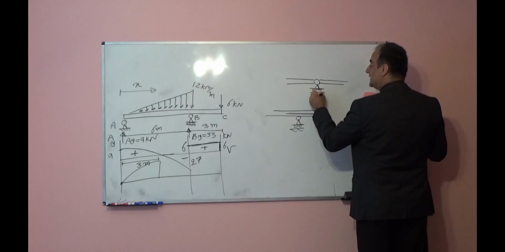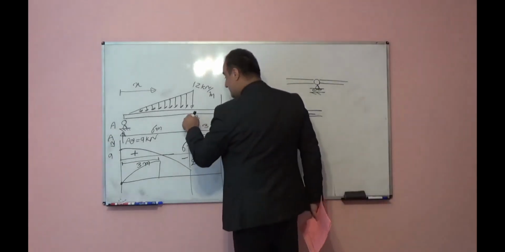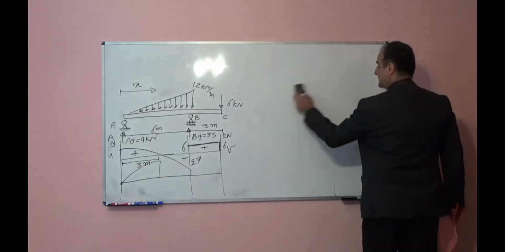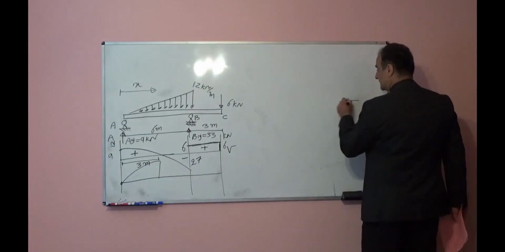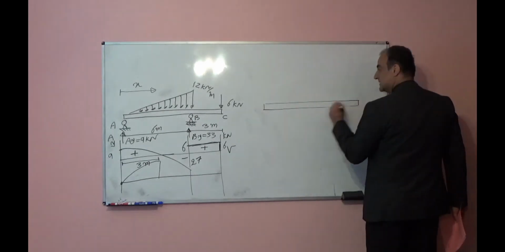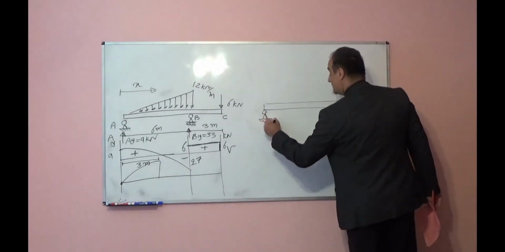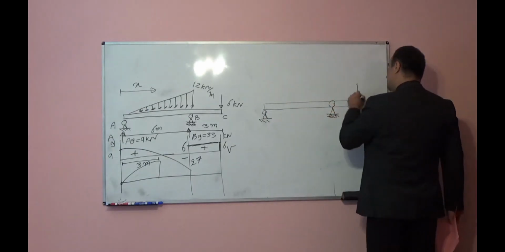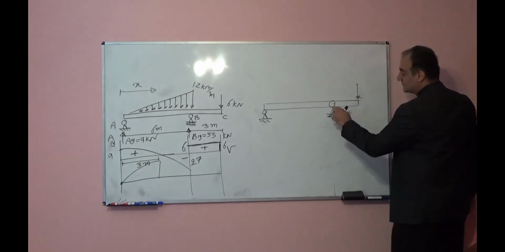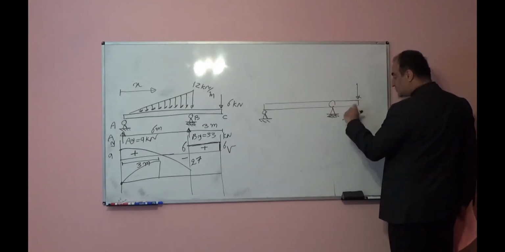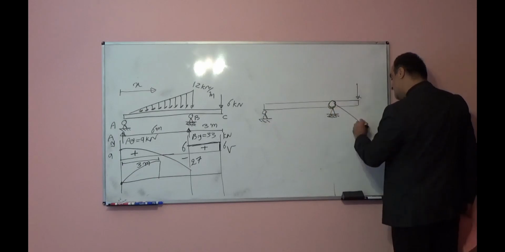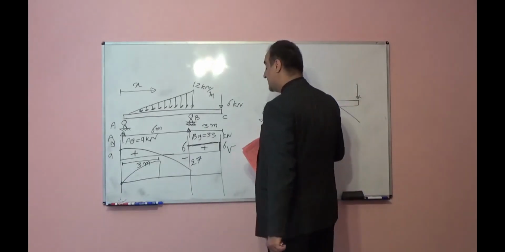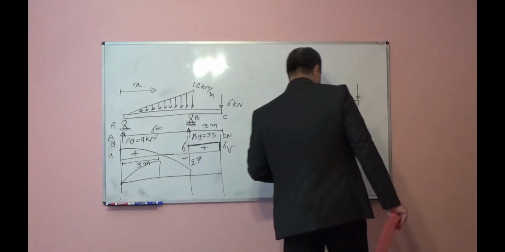If we put this hinge between two segments, in that case the beam shape will be like this. And if you add load here, you see this part can rotate respect to this hinge and will fall down. So it will be not in equilibrium, it will be unstable. So here it is continuous.